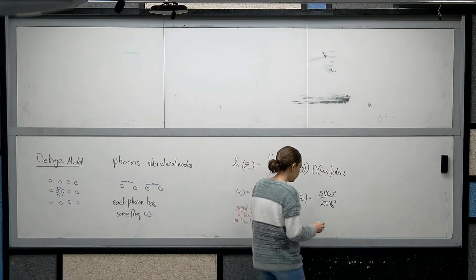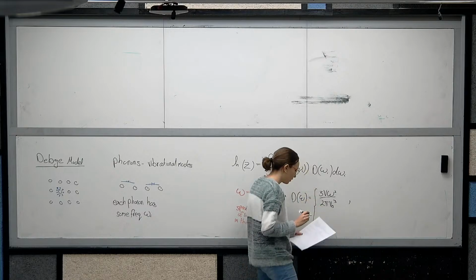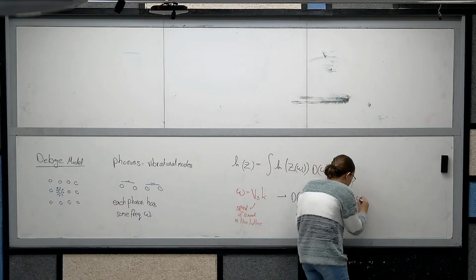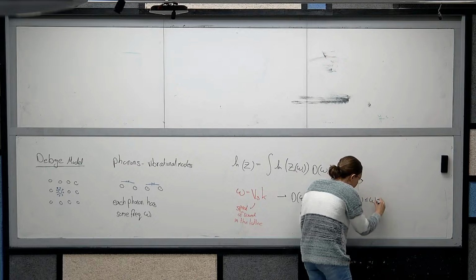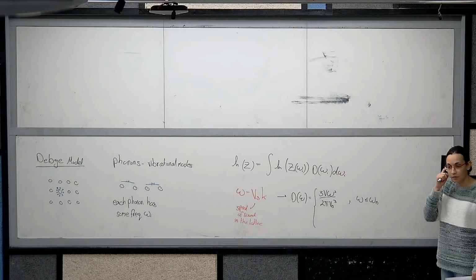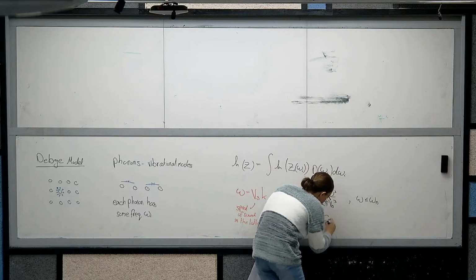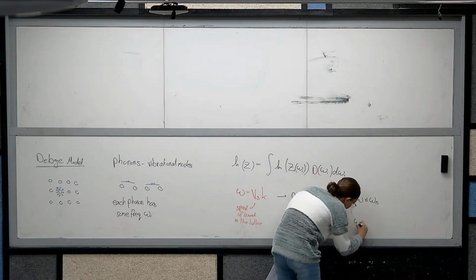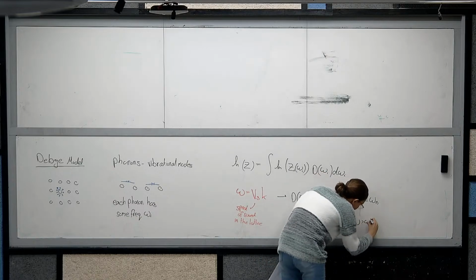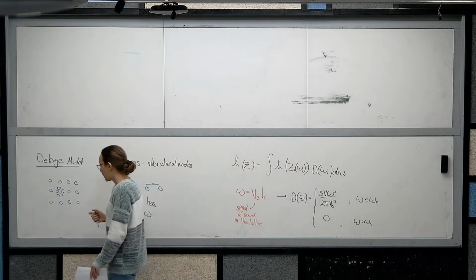One, this is true for frequencies that are smaller than what we call the Debye frequency. And above this frequency, we say we don't have any possible states. Why is that?